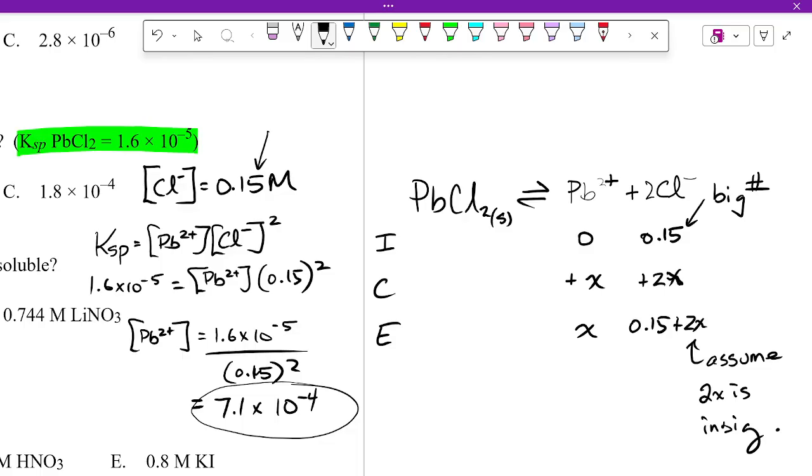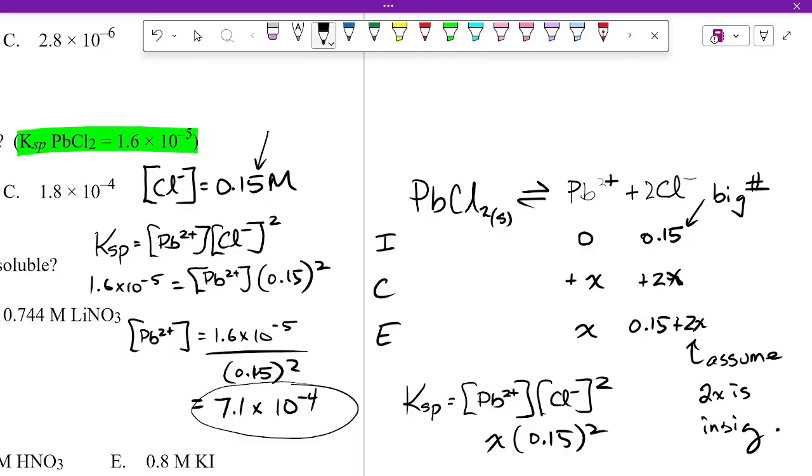So what we have then is lead, which is x, and the chloride, which is 0.15 squared. And those are the same. That's just showing it with a RICE table, if that's helpful.